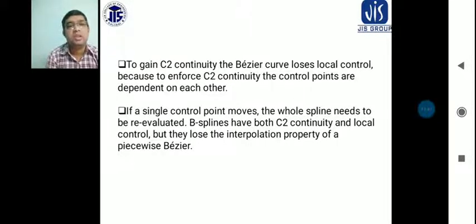So you have to consider the Bezier versus the B splines: B splines give local control, while piecewise Bezier gives the interpolation property.